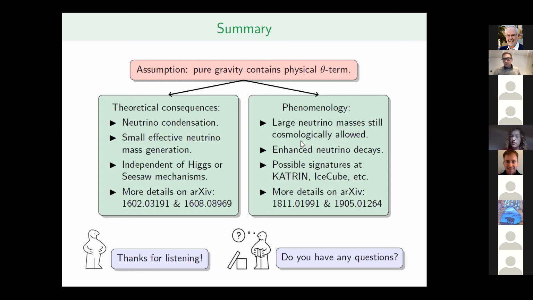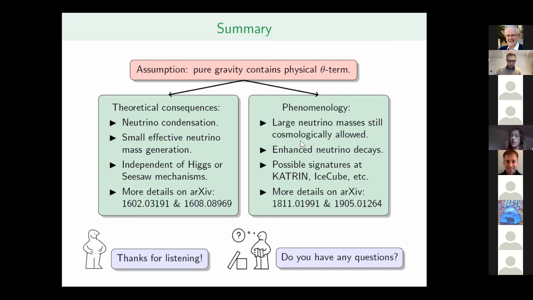If we have a right-handed neutrino, then of course there's the question, if we have a left and a right-handed one, why shouldn't we get a contribution from the Higgs mechanism, which is of order of the Higgs condensate? And that's the question I can't answer. You either have to impose some additional symmetry that's preventing this specific coupling, because intuitively the gravitational contribution would be much smaller than the ones from the Higgs condensate.